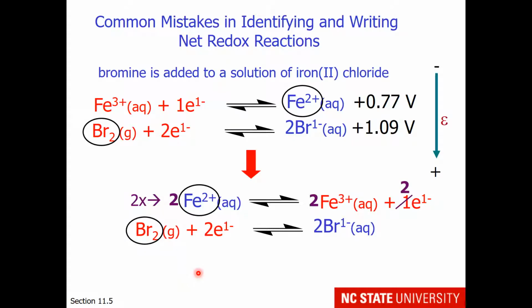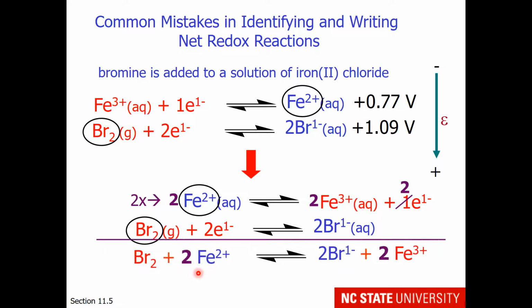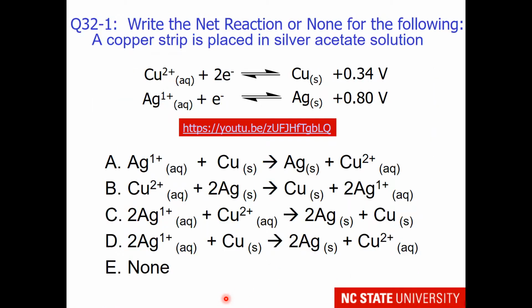Now my electrons will cancel out and I can add these 2 redox reactions together. Notice how charge in equal charge out. Our net charge on the reactant side is +4, and our net charge on the product side is also +4, a balanced redox reaction.